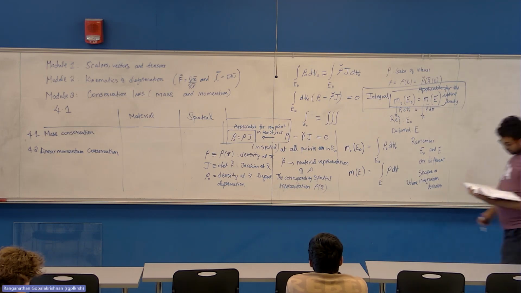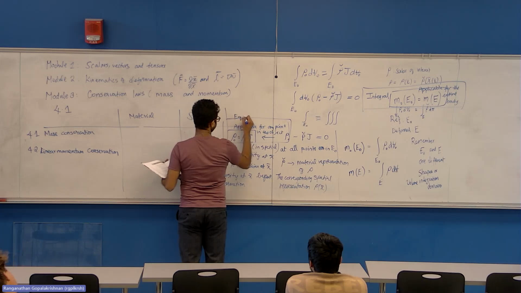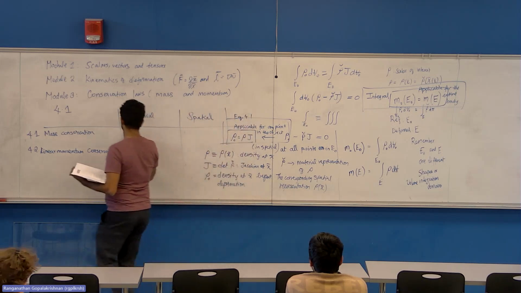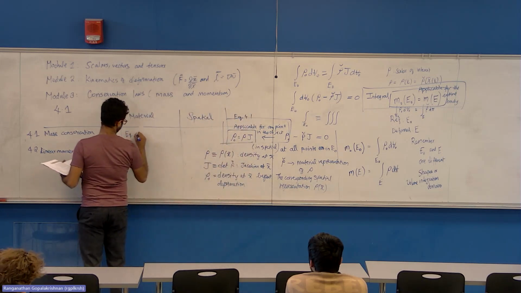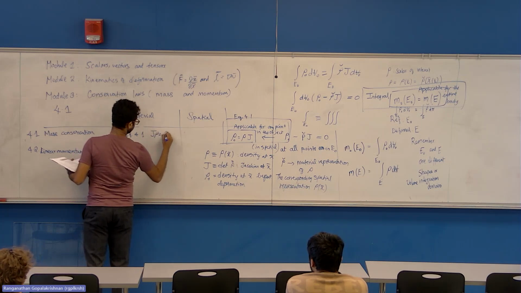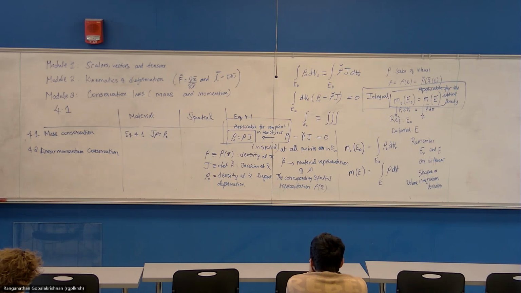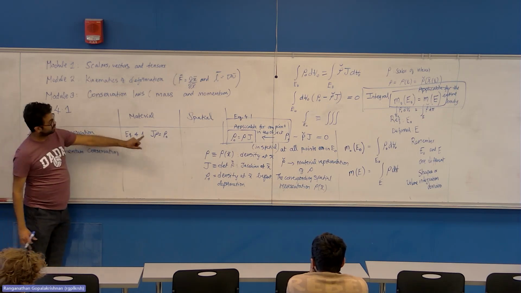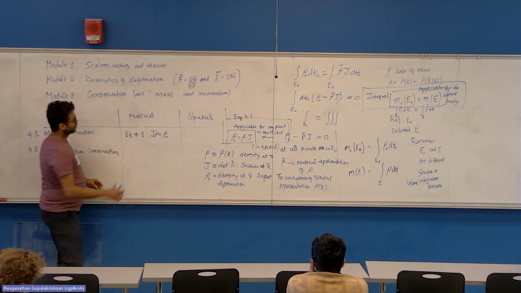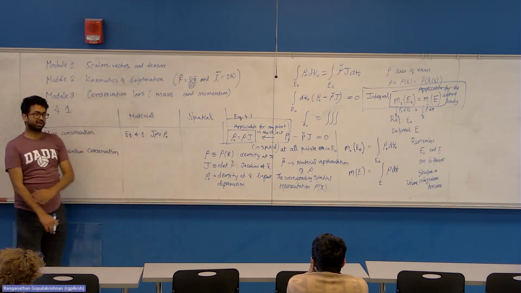So this equation here is equation 4.1. I'm going to write it here. Equation 4.1: J times rho equals rho naught. This is mass conservation in material coordinates written at every point for a particle.